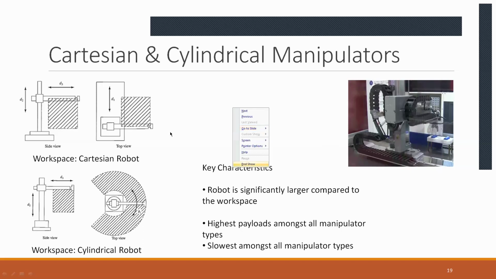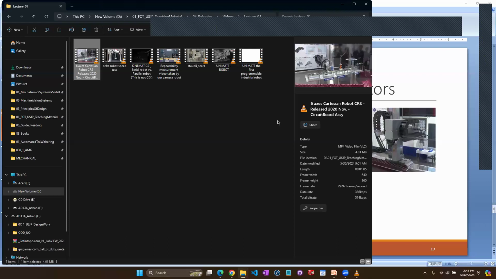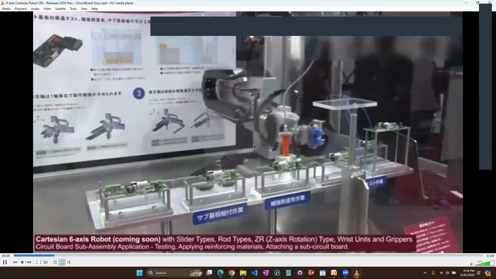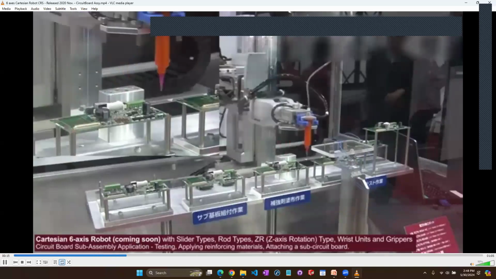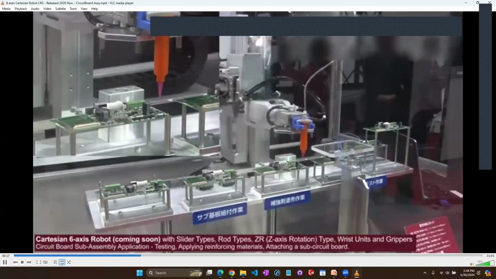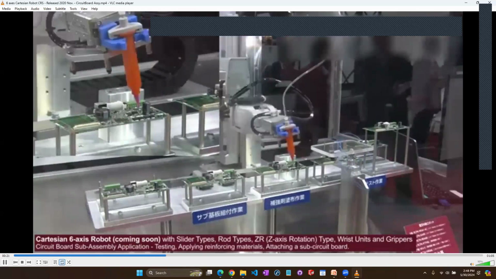Let's just take a look at a 6 degree of freedom Cartesian robot. It has 3 prismatic axes, which you must be familiar with. And at the end, they have a 3 degree of freedom revolute joint. This is a robot which combines both worlds of a standard Cartesian and that of an articulated arm.